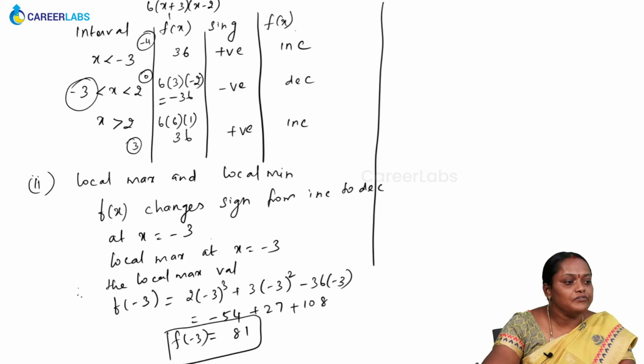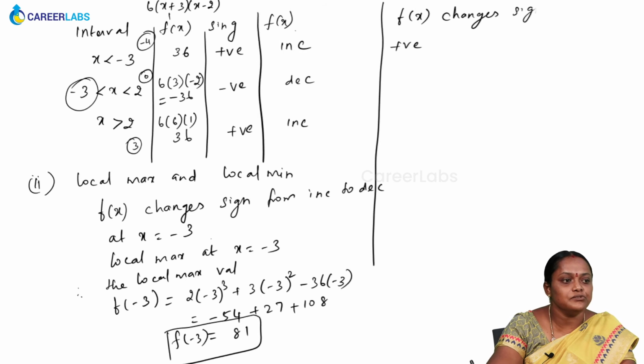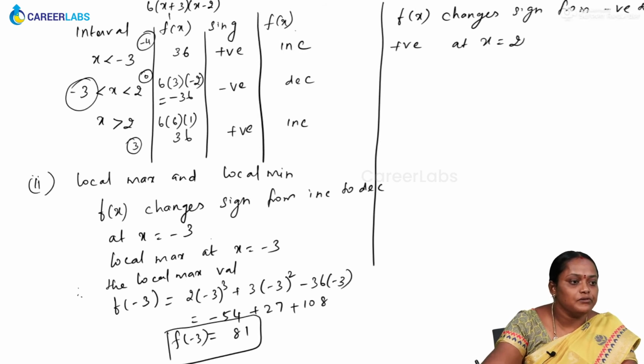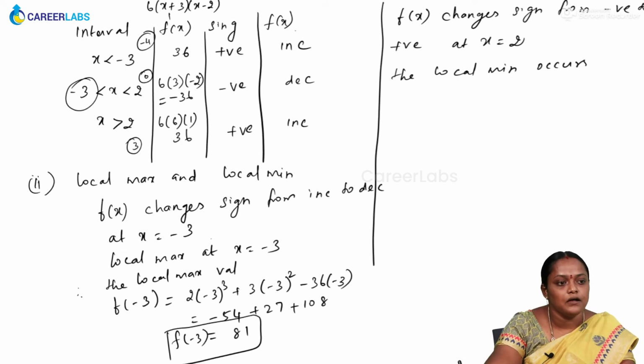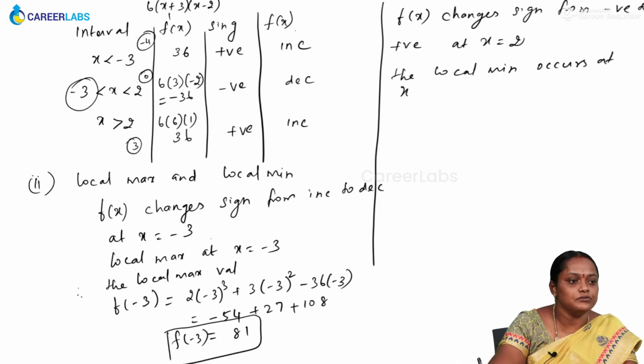Similarly, from the table, f dash of x changes sign from negative to positive, that is decreasing to increasing, at x is equal to 2. Therefore, the local minimum occurs at x is equal to 2.